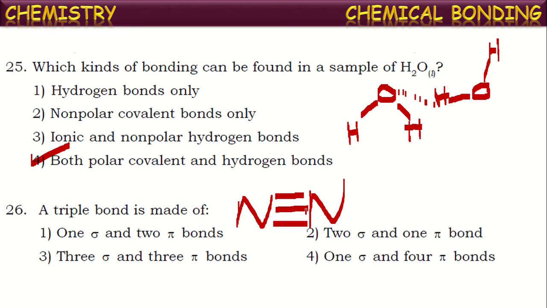So in a triple bond, one is a sigma bond and the remaining two are pi bonds, 1 sigma and 2 pi bonds. So this is the correct answer.